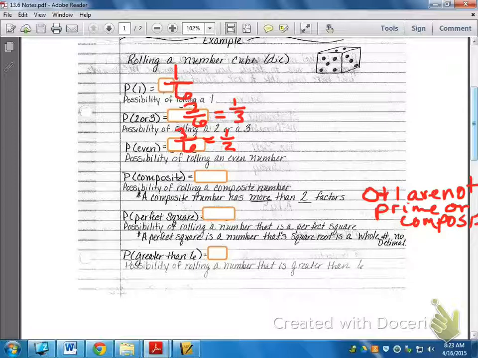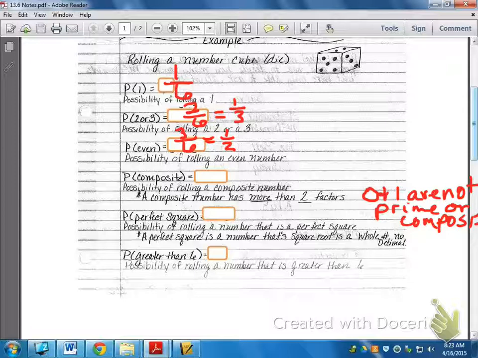So think of numbers on a die. How many composites are on that number cube? We know it's not going to be 1. Is 2 prime or composite? Does it have more than 2 factors? 2 is prime.